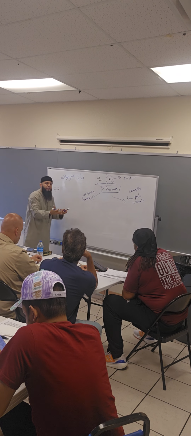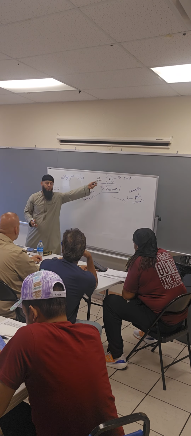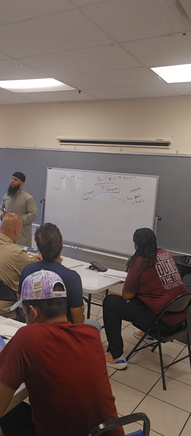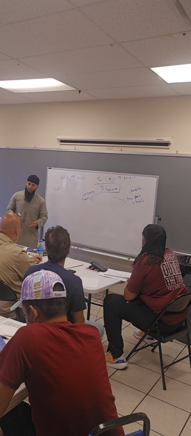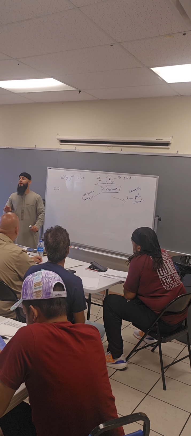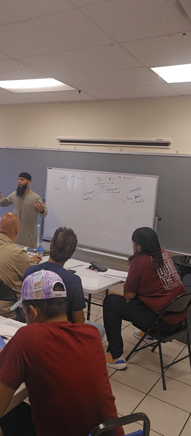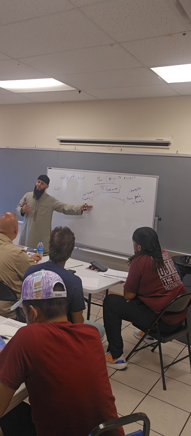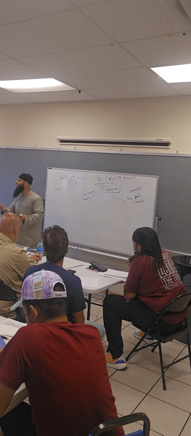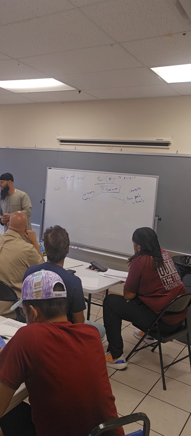How do I know that a word is female in Arabic? Through the ta marbuta. If I see the ta marbuta at the end, I know right away that this is female. Why do you need to know this? Because to make a sentence in Arabic, the subject for the female is completely different from the subject for the male. It's not like English.